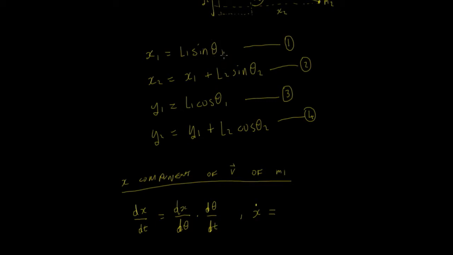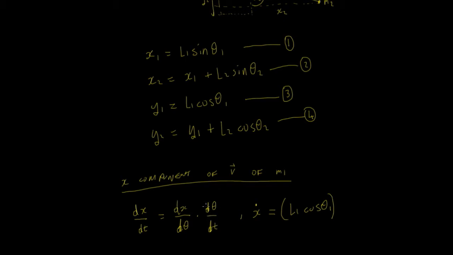The value L1 is just a constant, so L1 remains as it is, and we differentiate sine theta, which becomes cos theta 1, and we're multiplying the whole lot by d theta by dt.